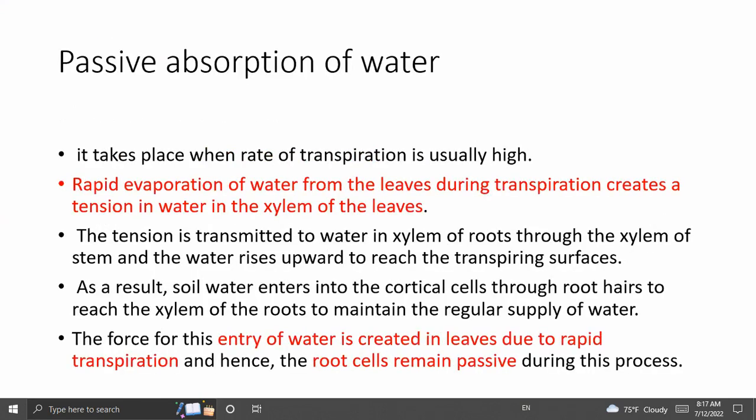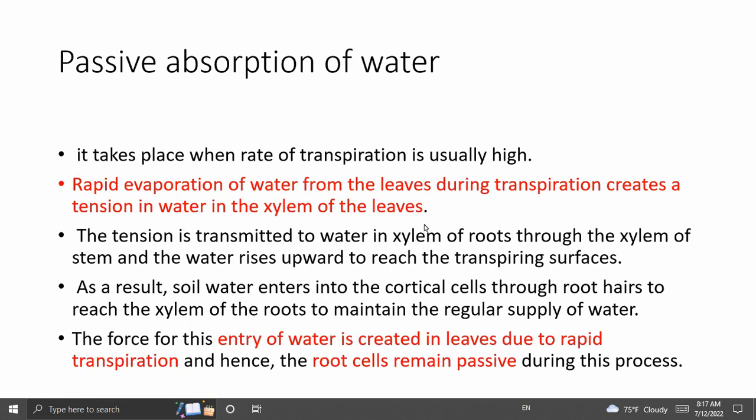Okay. See, in some cases, rapid evaporation. Quickly it evaporates. Then the water loss from the leaves during transpiration creates tension in the water in the xylem of leaves.